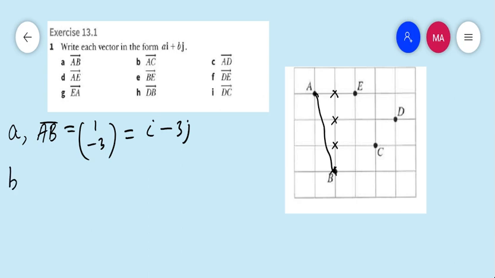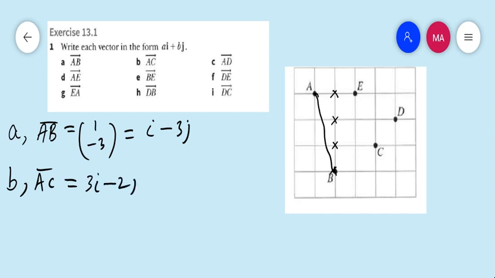Similarly, part B is AC. Now I am going to write the answer directly without showing it in terms of a column vector. AC. So count the x values first: 1, 2, 3. So x is 3, so 3i, and y is -1, -2.